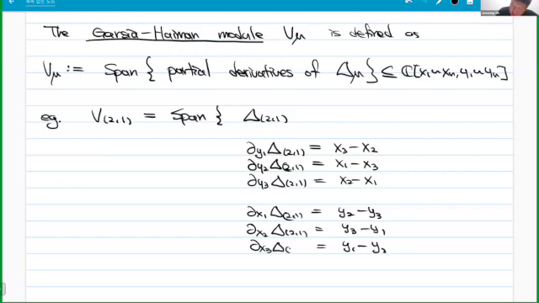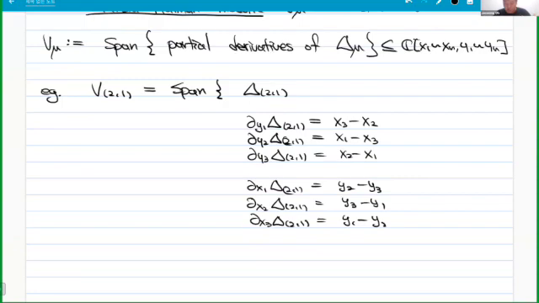And if you take the partial derivative twice, you will end up with 0 or plus or minus 1. So partial x1, partial y2 will give 1. The first thing you can notice is that these three are linearly dependent, and these three are linearly dependent, and the actual dimension is 2 for this one and 2 for this one.